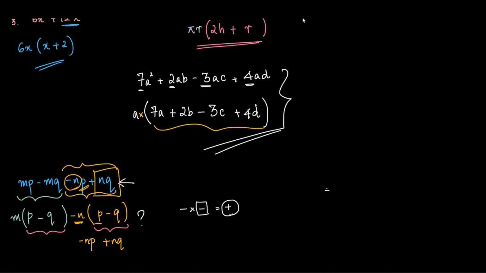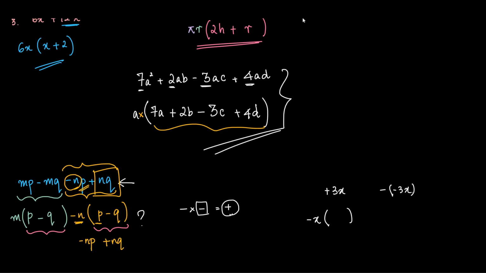For example, if there was a positive 3x and you factored out a negative x, what you did here is you factored out a negative sign that didn't exist. So the way we would look at this positive 3x now is as negative times negative 3x, because a positive sign is just a multiplication of two negative signs.